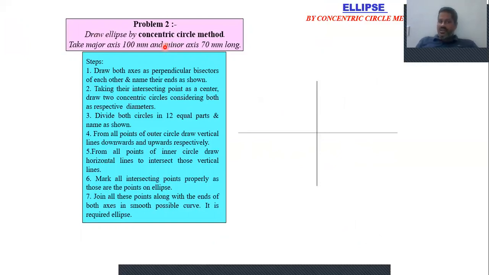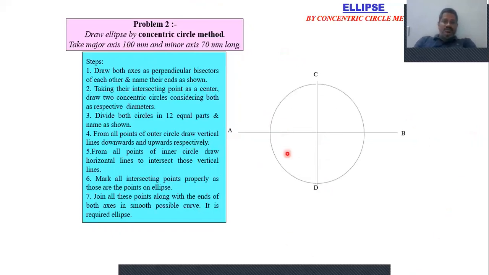That means draw the perpendicular bisectors of the major axis and minor axis. Label the major axis as AB and the minor axis as CD. So AB length is 100 and CD length is 70.